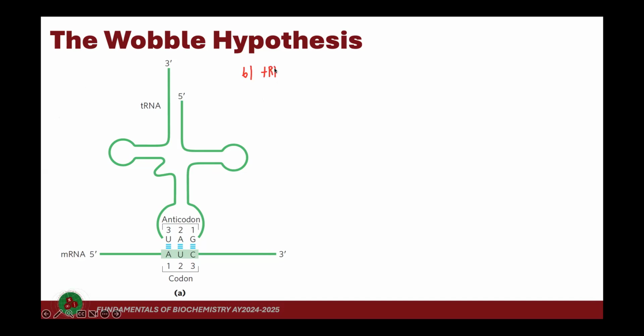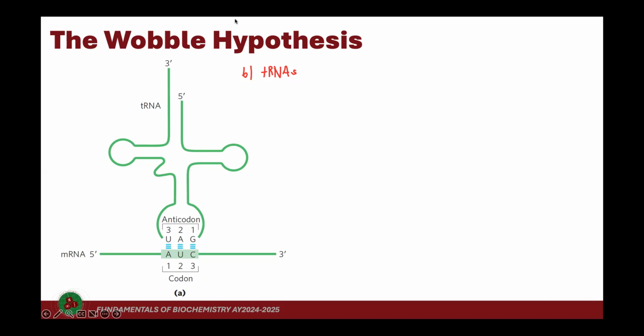And the answer is no. On average, there are only at least 31 or 32 tRNA molecules that are actively involved in protein synthesis. So the number is less than that of the codons.